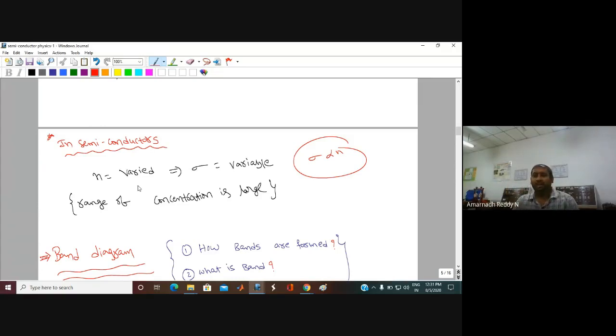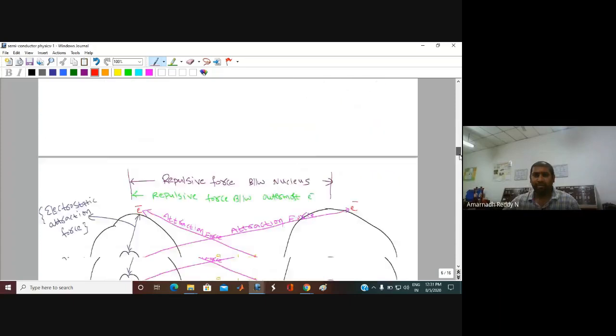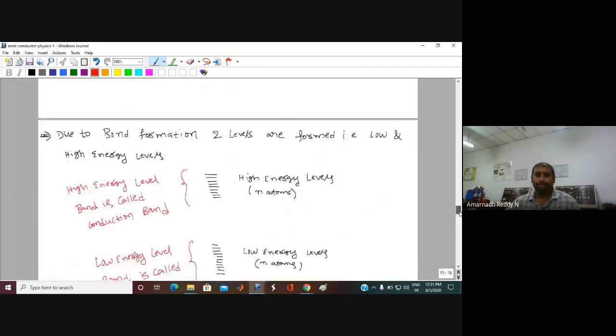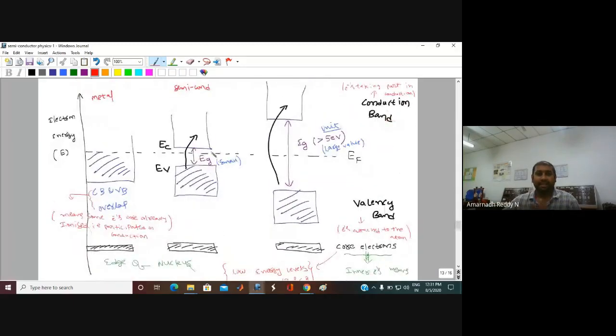Earlier, I think I will show the energy band diagram for a glimpse, and then we'll go to another part. In a semiconductor, there is EC, the conduction band, and the valency band.